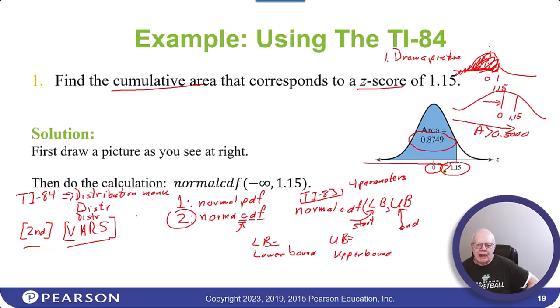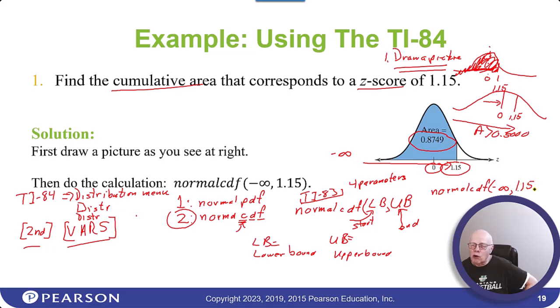When I'm at the distribution menu, I'll make sure I hit number 2 to get CDF. For the lower bound, if you look at this picture, the picture says there isn't any lower bound. Well, another way of saying that is it's like negative infinity. So we want negative infinity there. I'll come back to that in a moment. And our upper bound is we want it to stop putting it together at 1.15.